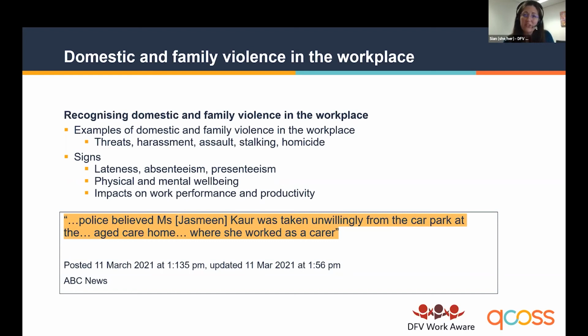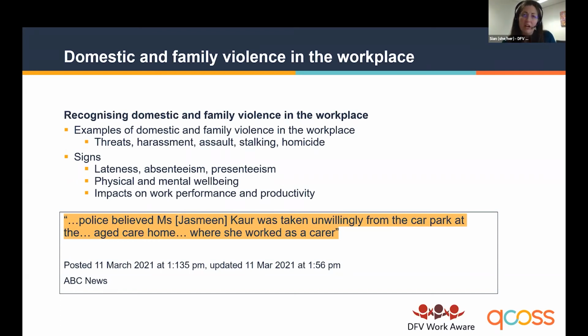And that could be in person, it could be through phone calls and emails. I remember once at a workplace, we got spam faxes. I imagine that would be rare, but if there's a way of contacting a workplace, someone who's stalking or harassing someone may be using that. And in the most extreme cases, we may see domestic and family violence related homicide in the workplace.